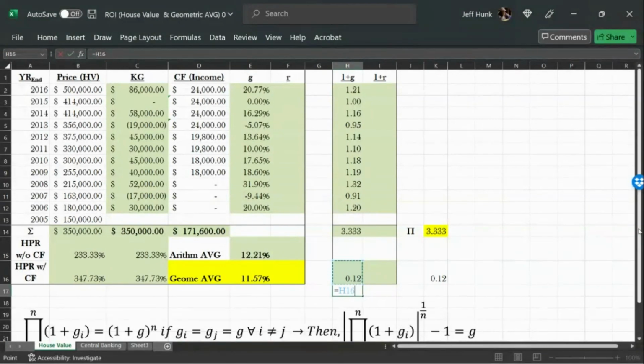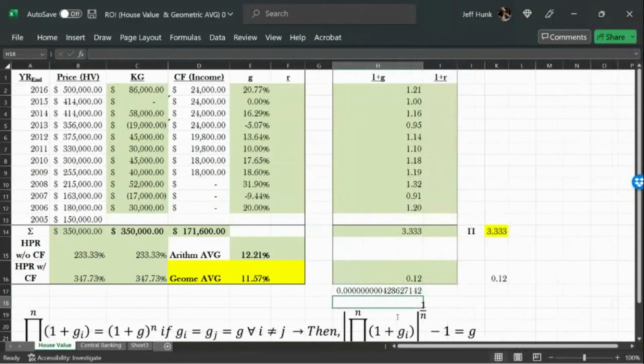If you are thoughtful, you would know this is not 0.12, this is 0.1157. And obviously, if you raise that to the power of 10, the results will clearly be different.